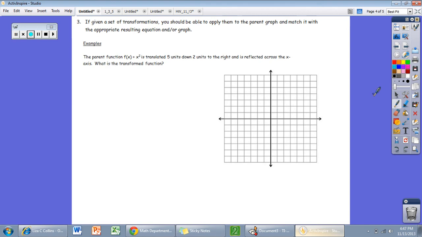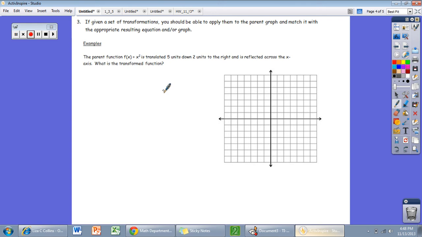And then our third objective is being able to read a transformation in words and then being able to write the equation or match it to an equation or match it to a graph. So the parent function f of x is equal to x squared is translated 5 units down, 2 units to the right, and reflected across the x-axis.